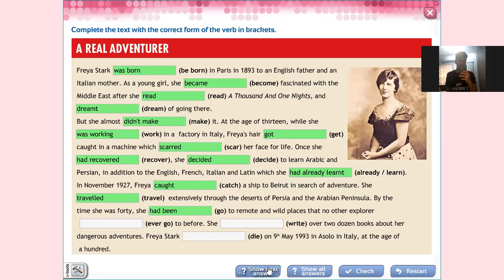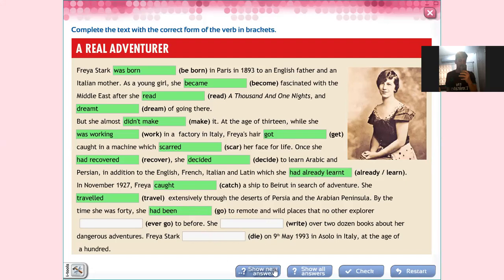Went. Had been... she had been, no, this is incorrect. She had gone. Had gone, yes. They made a mistake here. It's the first time. Gone to remote and wild places that no other explorer.